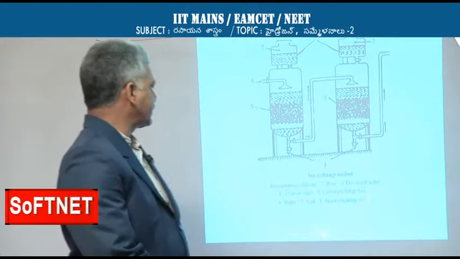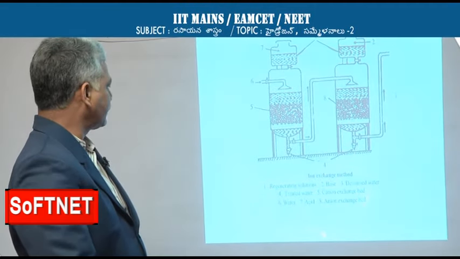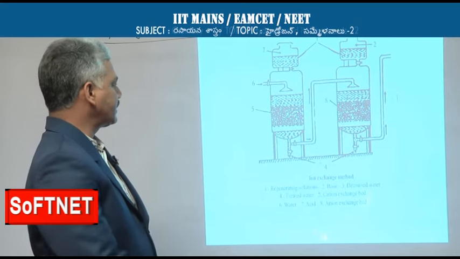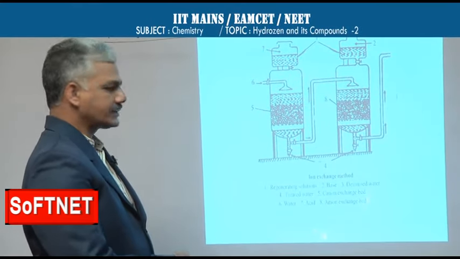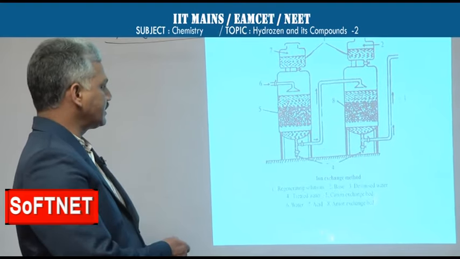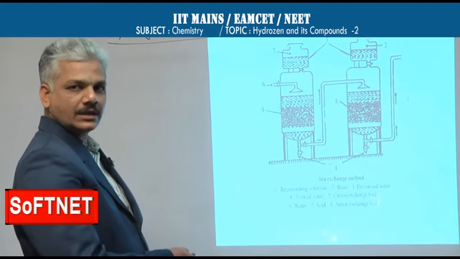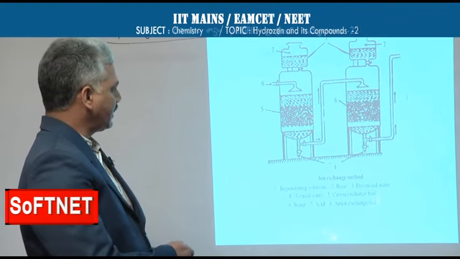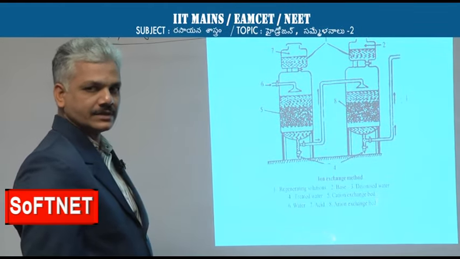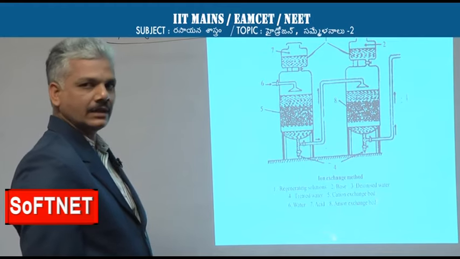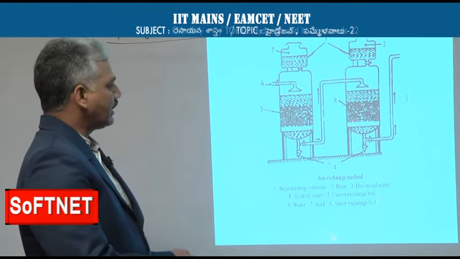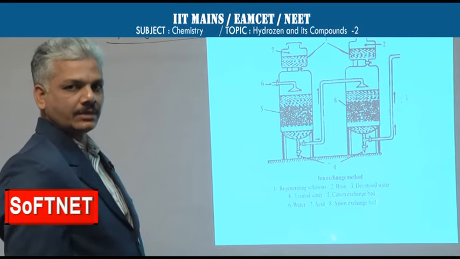This is the schematic representation of the ion exchange method. In this ion exchange method, water is made to pass through two chambers. One is called the cation exchanger, another is called the anion exchanger. As the name indicates, in the cation exchanger, all types of cations present in water will be replaced, and in the anion exchanger, all the anions are replaced.